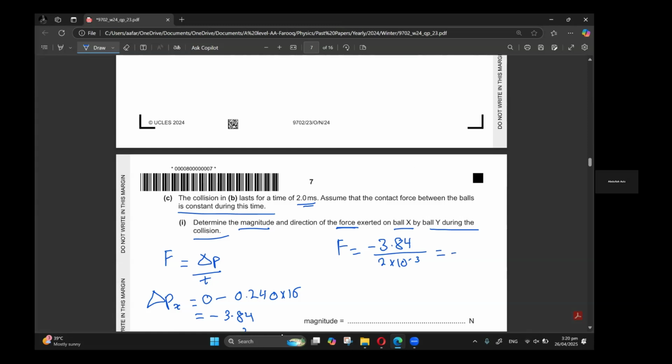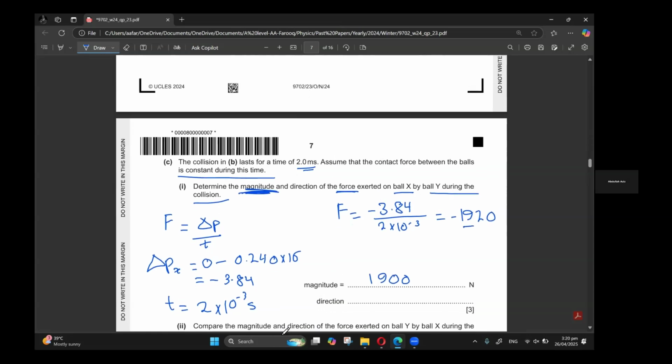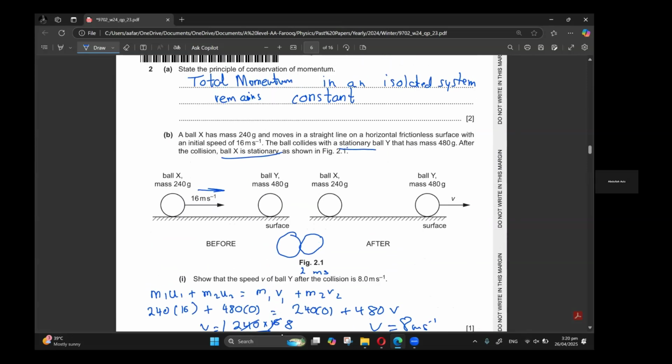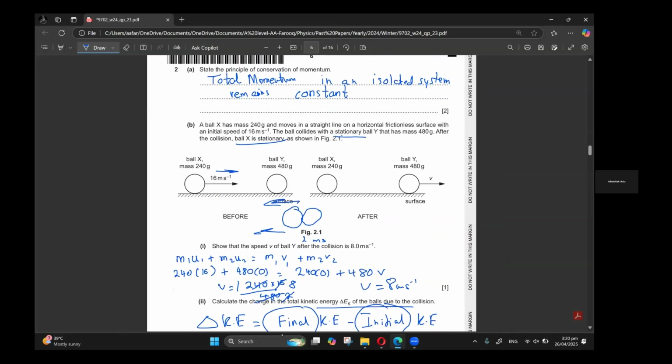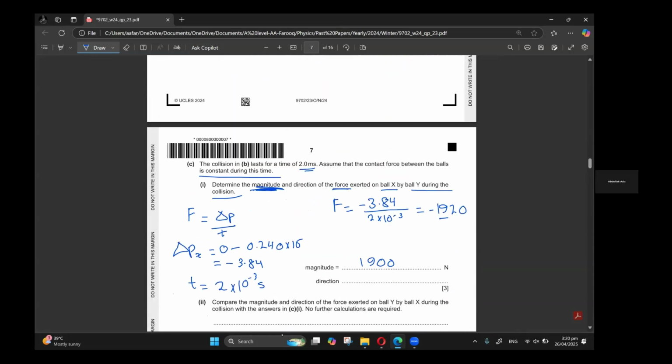This is 1920. They said determine the magnitude, so in the magnitude we just need to write the value. We do not need to write the direction. So it's 1900 newtons to 2 significant figures, and the direction is to the left, because it's traveling over here and it collides and then it stops. So this force must be in this direction because it accelerated in this direction, since it was moving over there and then came to a stop. To the left.